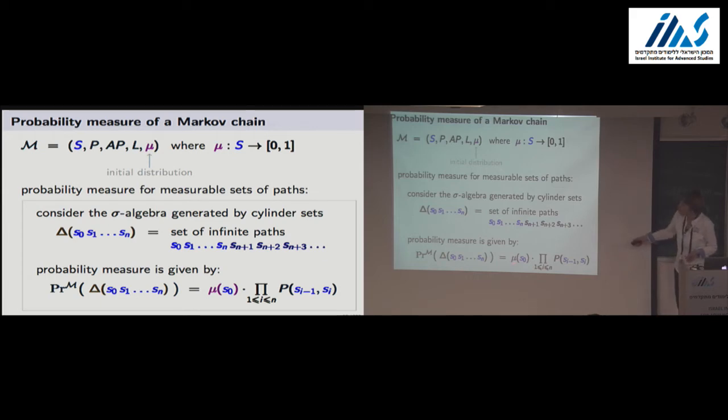We say the probability of such a cylinder set for the path S0, S1 to Sn is simply what you would have done just by your intuition. We take the probability for starting in S0. So we take the initial distribution and we evaluate it for this starting state S0. So this is some value between 0 and 1.